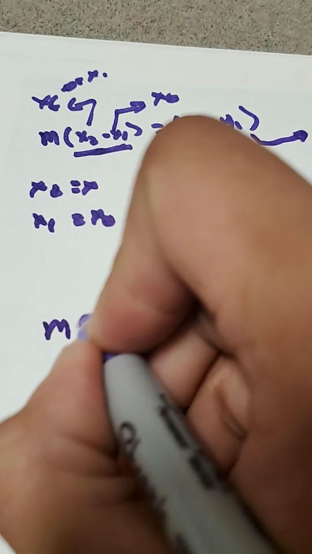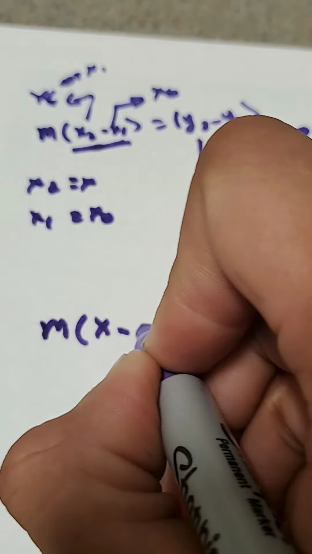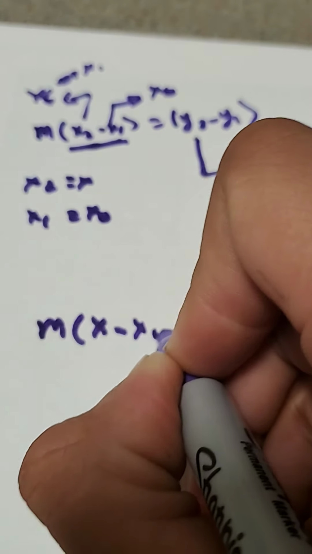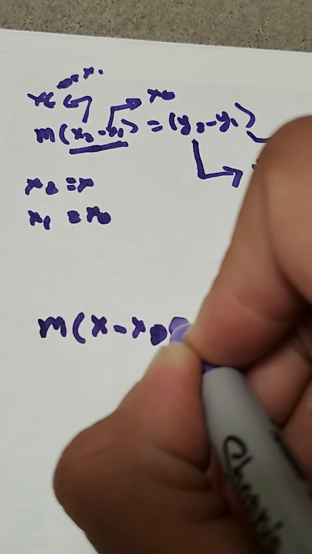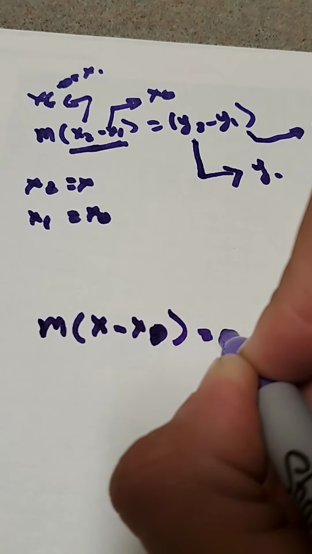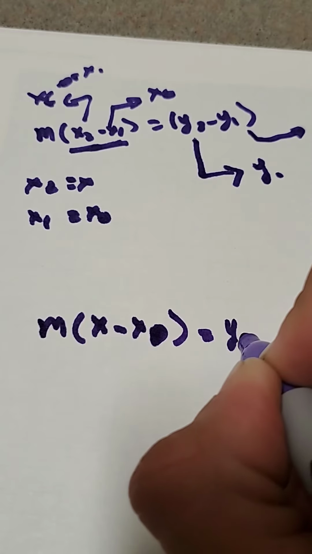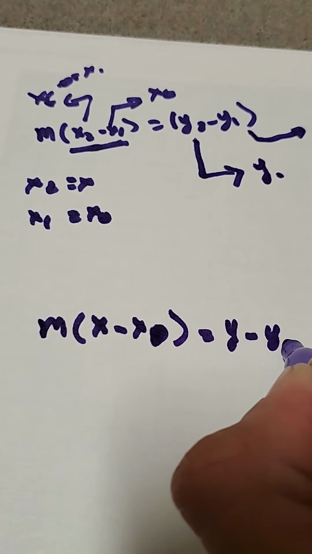That's how we define change. So if we rewrite it, we have m times (x minus x naught) is equal to y minus y naught.